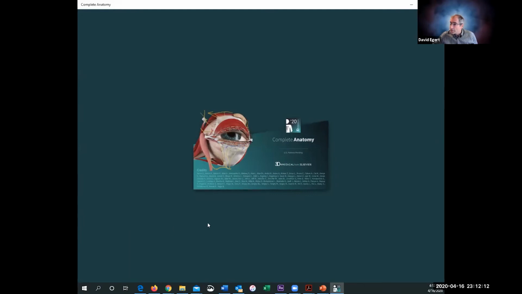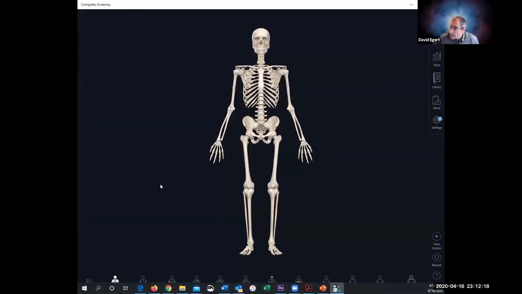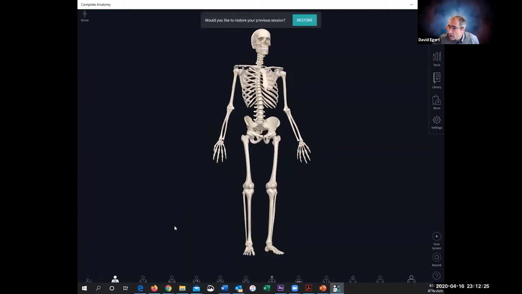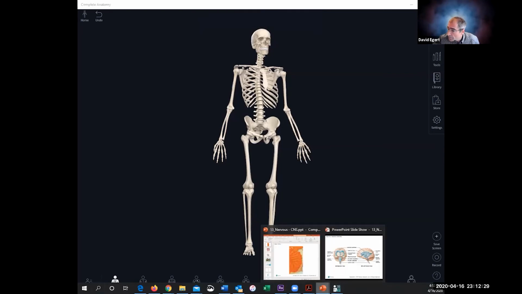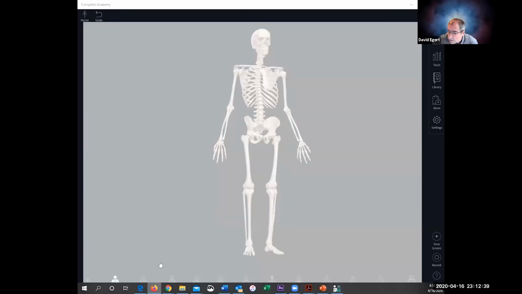Boot up. When you're in it, this is the main model with the different systems, but there are also others. Now hold on, I'm trying to get this bar out of here because I can't see.